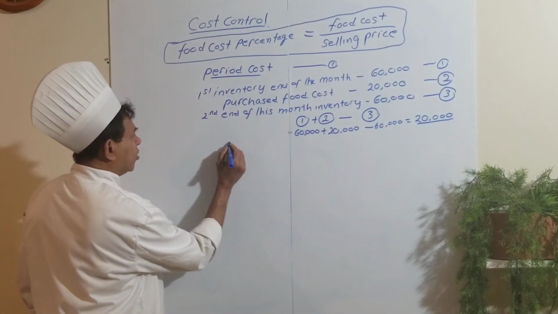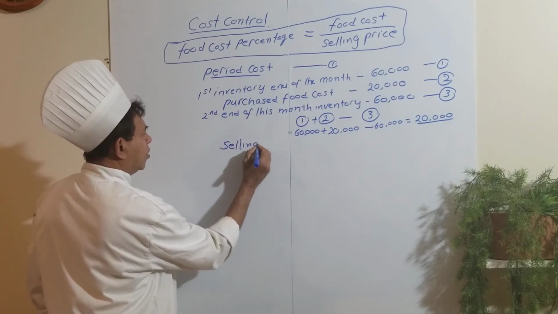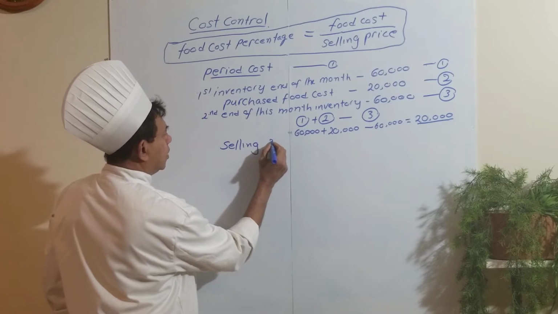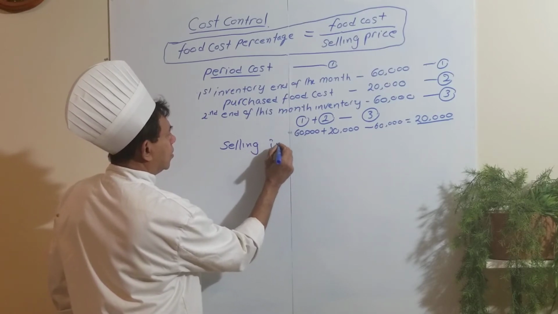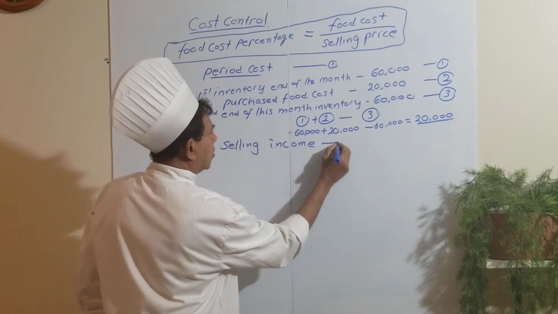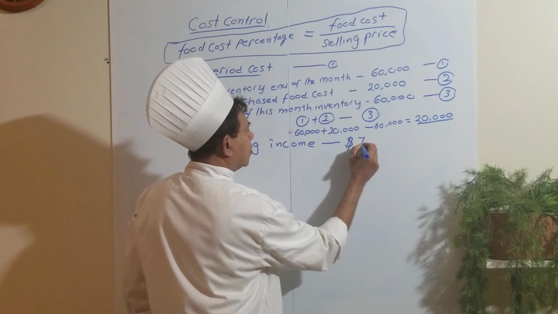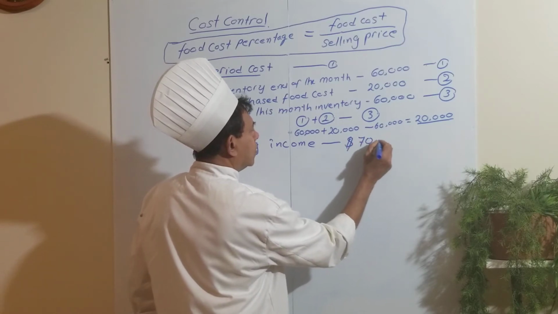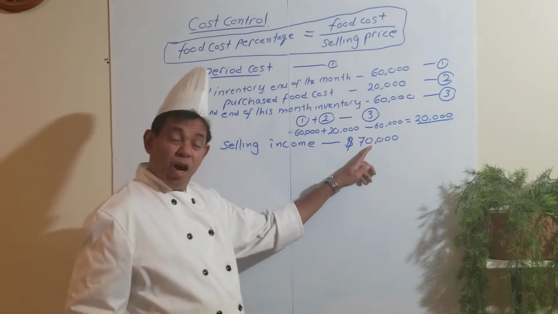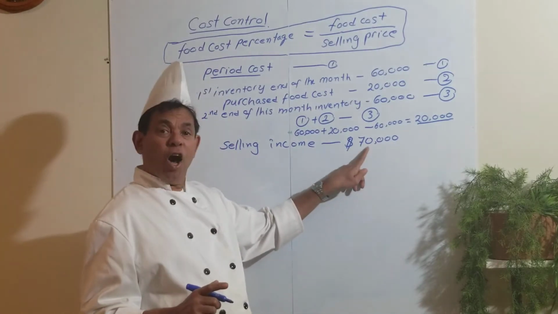I say selling, 70,000 dollars. My income for the kitchen only from the food is 70,000.